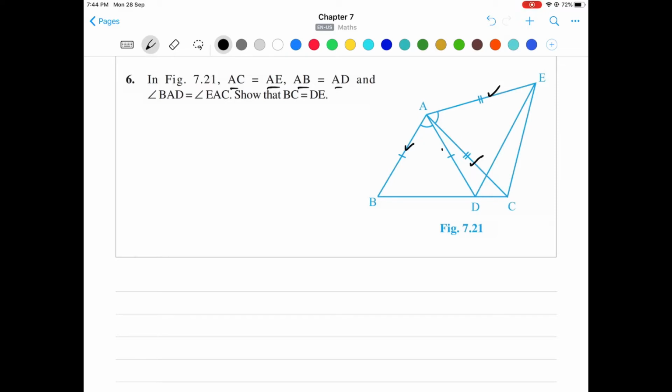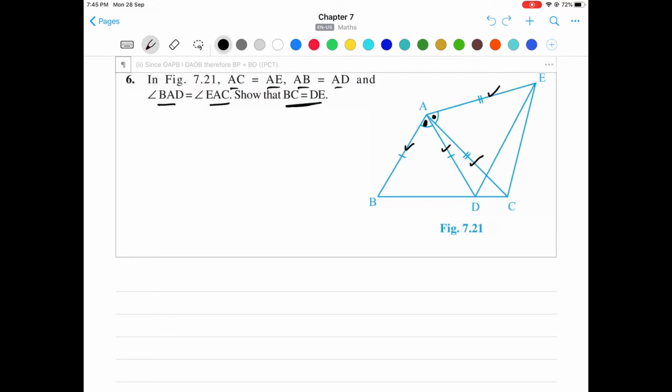Then we are given one more thing, that angle BAD and EAC, angle BAD is this one and EAC is here, these two angles are also equal. We need to show that BC and DE are equal.